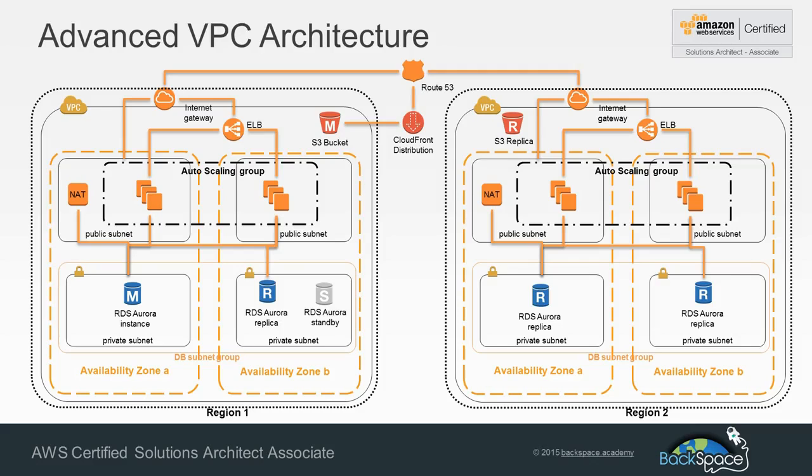And so we can actually create a cross-region read replica of our RDS Aurora instance and have that located in our new region, and that will speed up our reads for that database significantly and reduce the latency for that end user. The same, we would have a CloudFront distribution that will be fronting our S3 bucket. And that CloudFront distribution will deliver with the minimum latency to an edge location closest to your end user. So that's how that would work on a cross-region scenario.